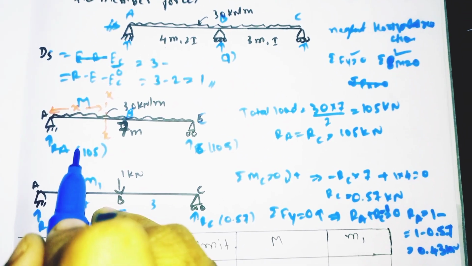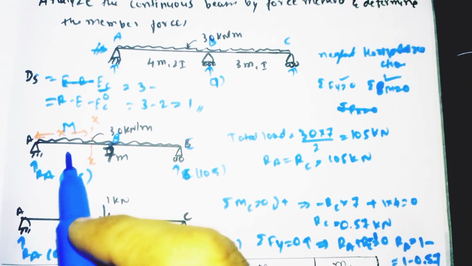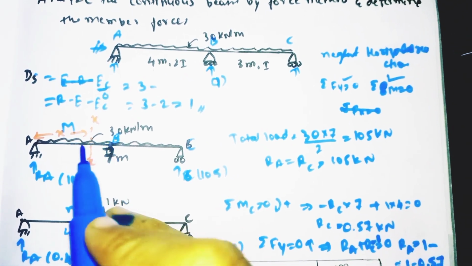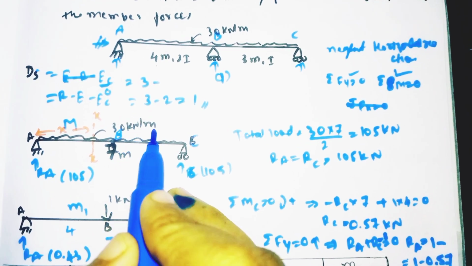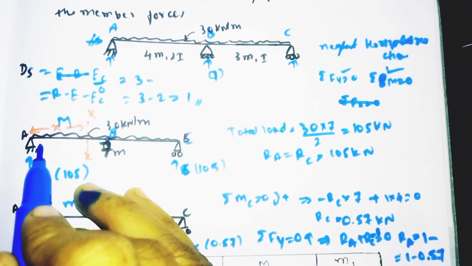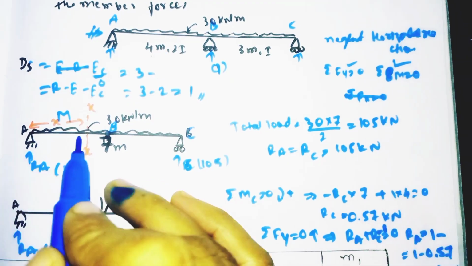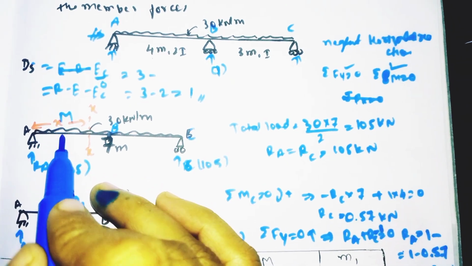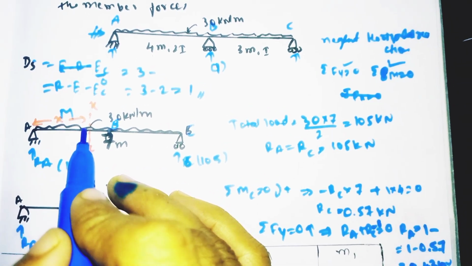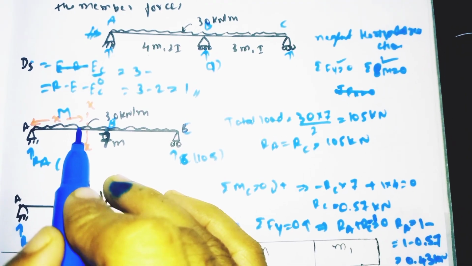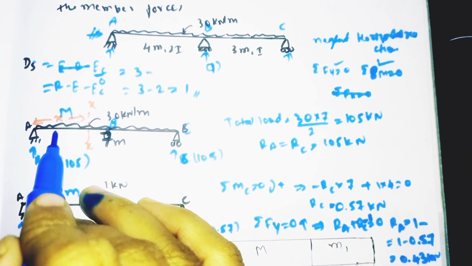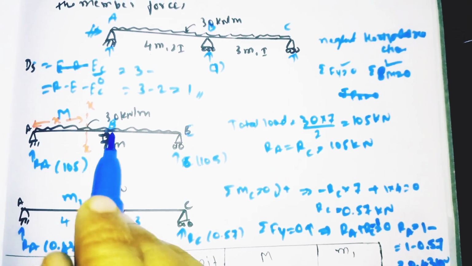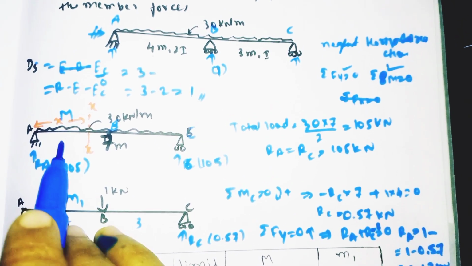Similarly, here one more UDL is acting, of 30 kilonewton per meter. At what distance is it acting? 30 into x, from here to here is x, and UDL always acts at the distance of L divided by 2. Our distance is x, so x divided by 2. So 30 into x divided by 2 we need to take.